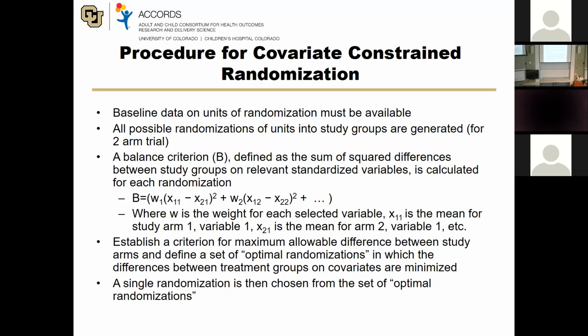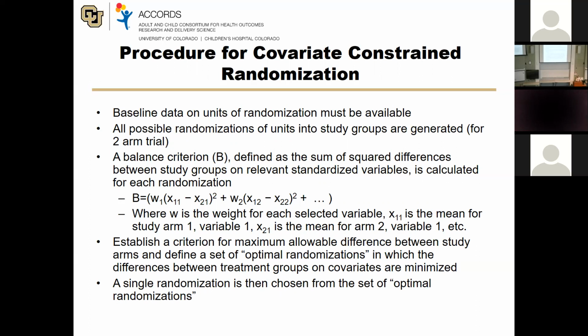So the procedure is fairly simple. You have to have baseline data on the units of randomization. You generally generate all possible randomizations of units into study groups for a 2-arm trial. There's some extensions for 3 or more arms.